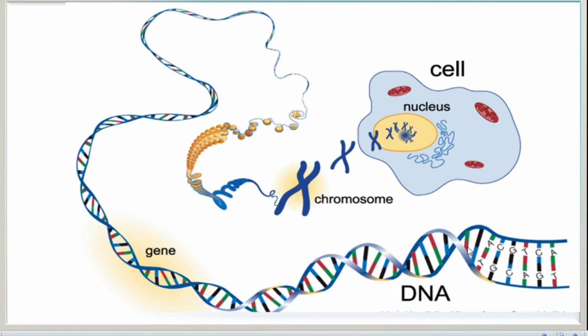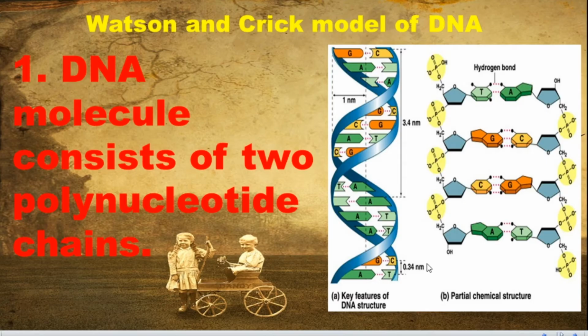There is the cell, then the nucleus. Inside the nucleus the chromosome is present. The chromosome consists of genes. The gene consists of the DNA. These are the basic things of the DNA.